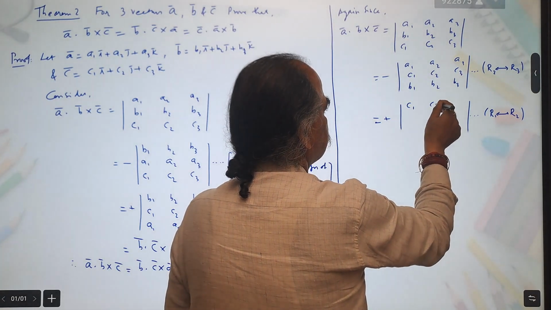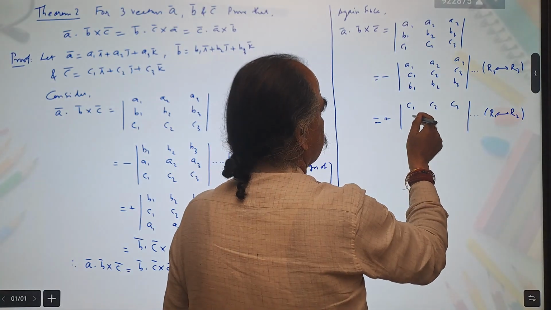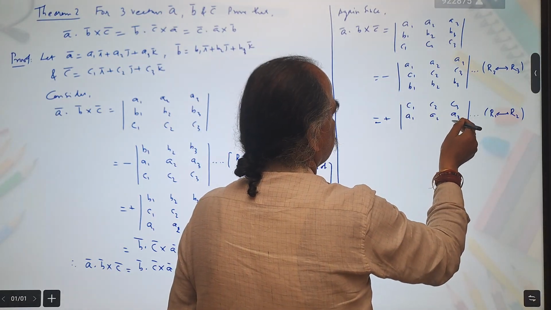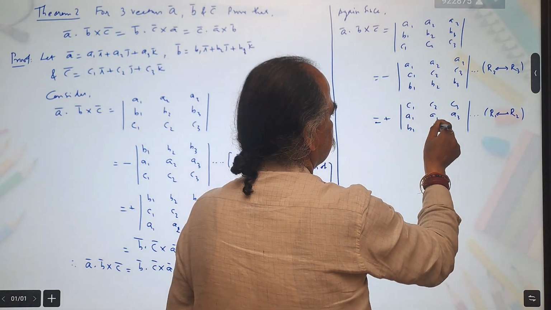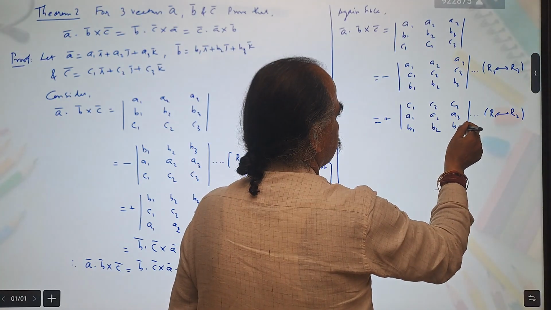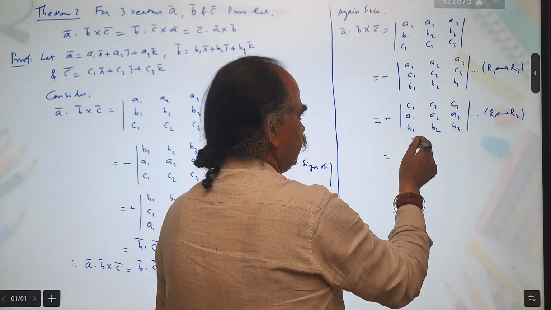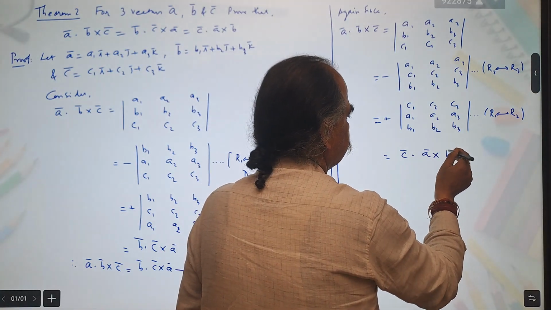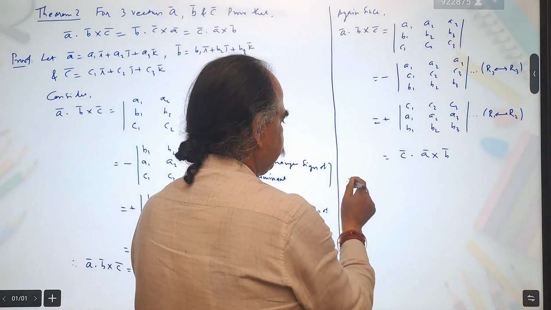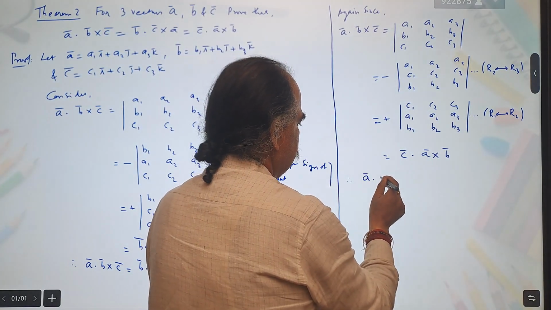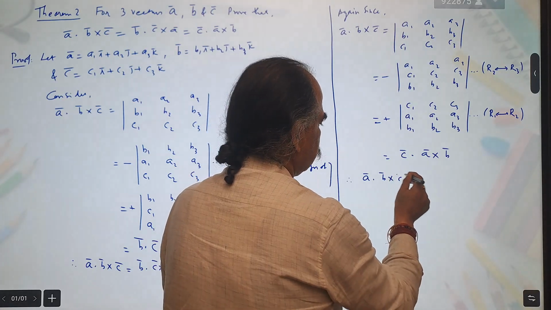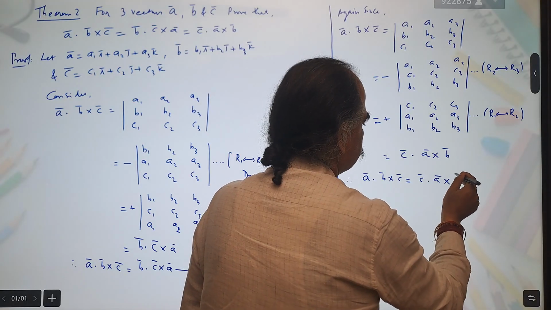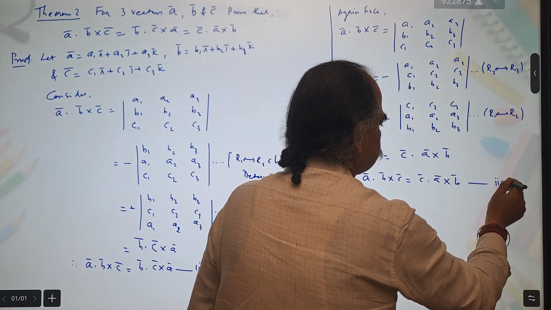So C1, C2, C3 will come up, A1, A2, A3 and B1, B2, B3, which is nothing but C dot A cross B. Therefore, A bar dot B bar cross C bar is same as C dot A cross B. Write this as equation number 2.